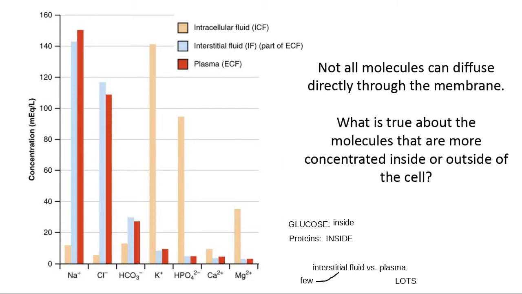So interstitial fluid and plasma look really similar in that they both have a lot of sodium and a lot of chloride. But the biggest difference between them is that interstitial fluid doesn't have very many proteins, whereas plasma has a lot of proteins. So we do need to know those recipes. Salty banana hits most of those parts, and then just knowing the difference in the number of proteins in these two types of fluids.